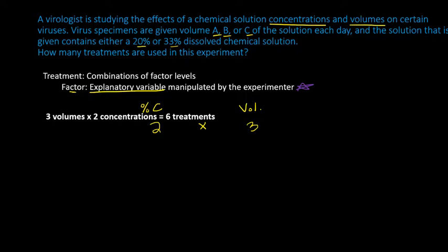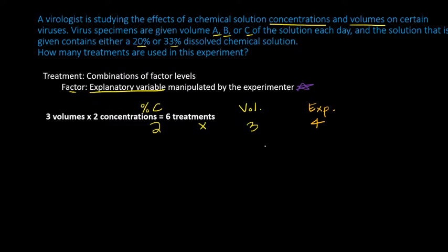This would have worked if there were additional considerations as well. So for example, maybe they also vary exposure time, right? Maybe the timing or the light exposure, some other exposure factor. Let's say there are 4 different ways that they can manipulate this exposure.